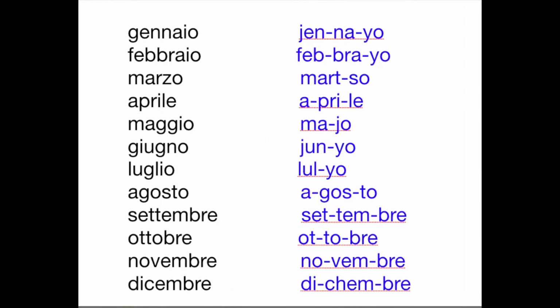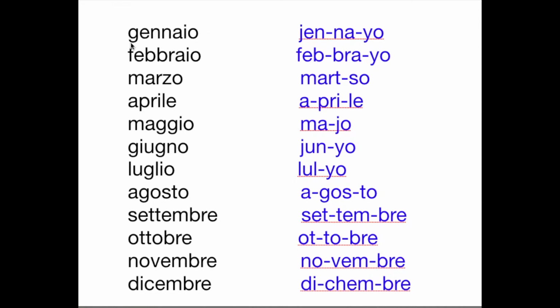Now let's learn how to pronounce the months of the year in Italian. The first letters of the months of the year in Italian are not capitalized. Let's start with gennaio. This word has 3 syllables. Gen-na-yo.